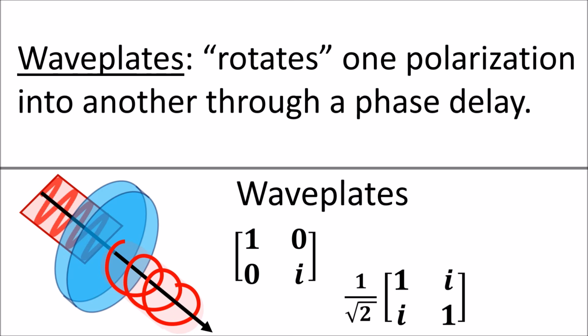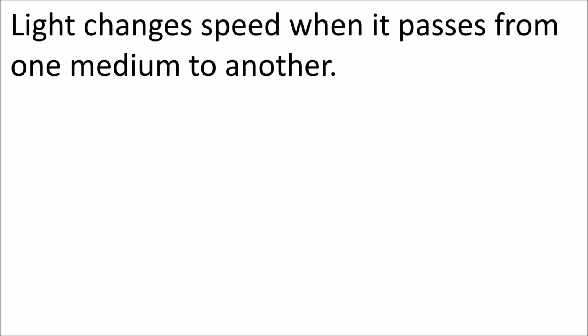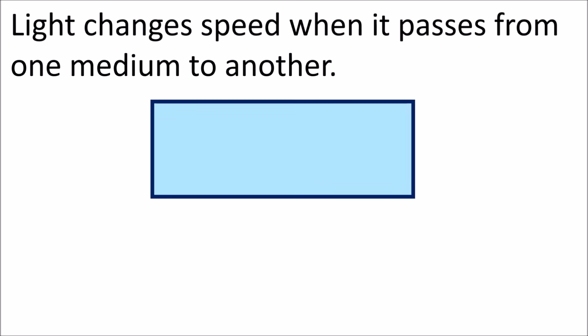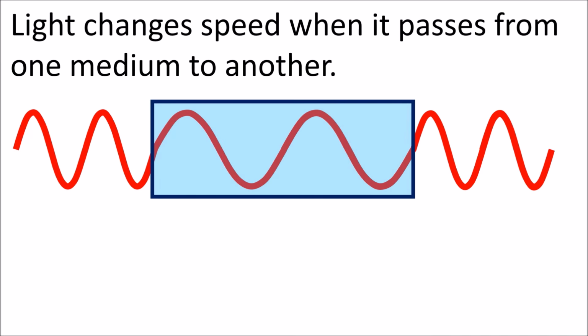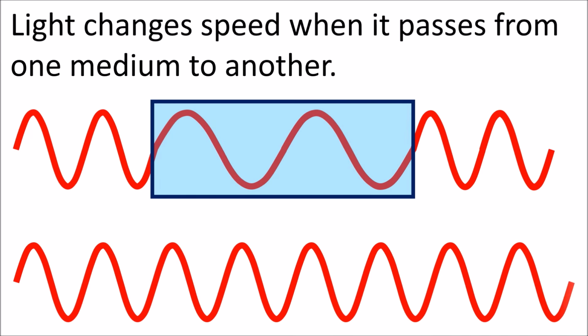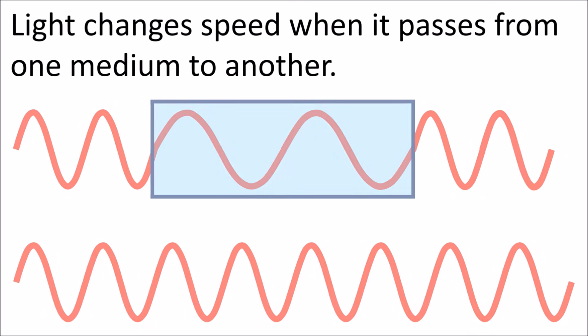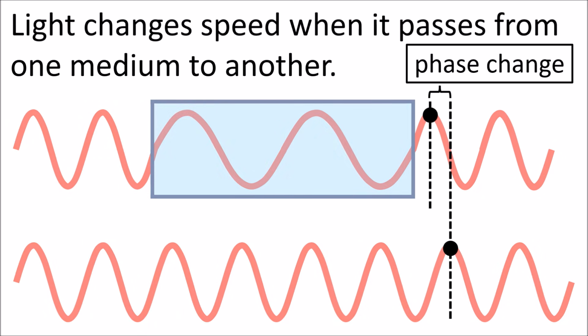A waveplate is a device that essentially rotates one polarization into another by introducing phase delays. You probably already know that a light wave will change speed when it passes from one medium to another, such as passing from air into a crystal. Because of the change in speed, by the time the light exits the crystal, there is a phase change in the resulting wave, compared to light that did not pass through the crystal.